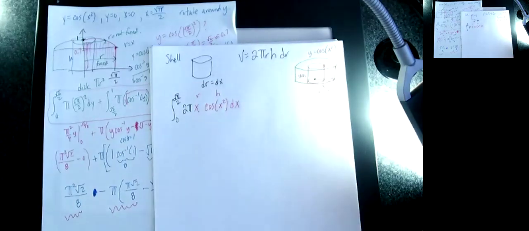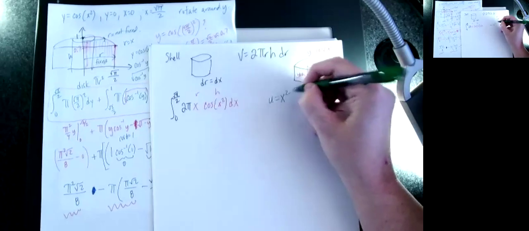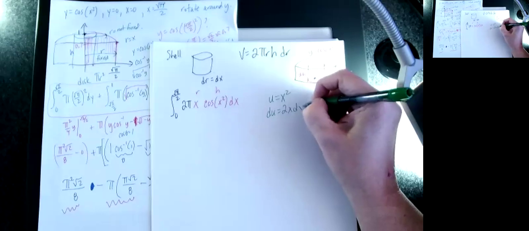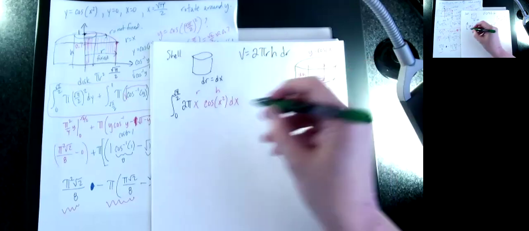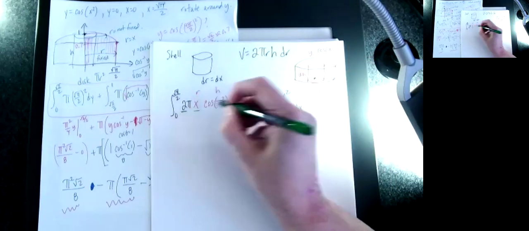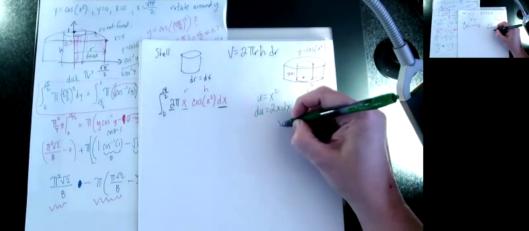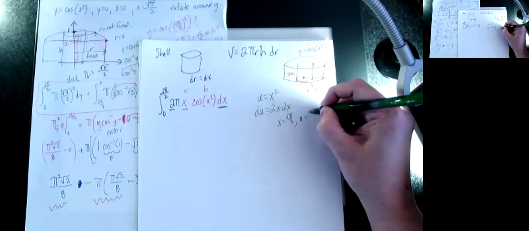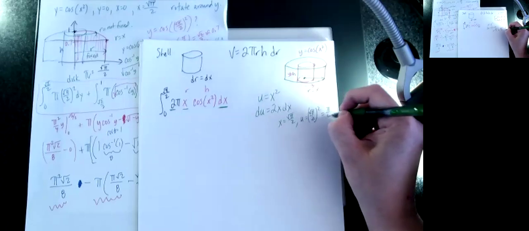Well, let's do a U sub. So I have my 2 there, I have my X there, and I have my dx there. I am going to redo my limits. When X equals square root of pi over 2, U equals that squared, which is pi over 4.